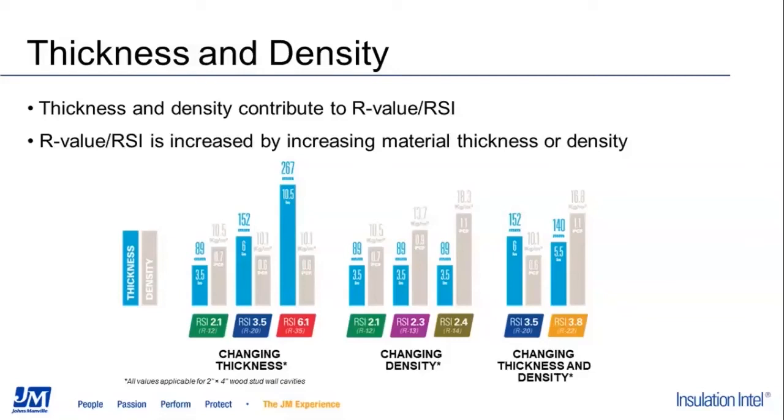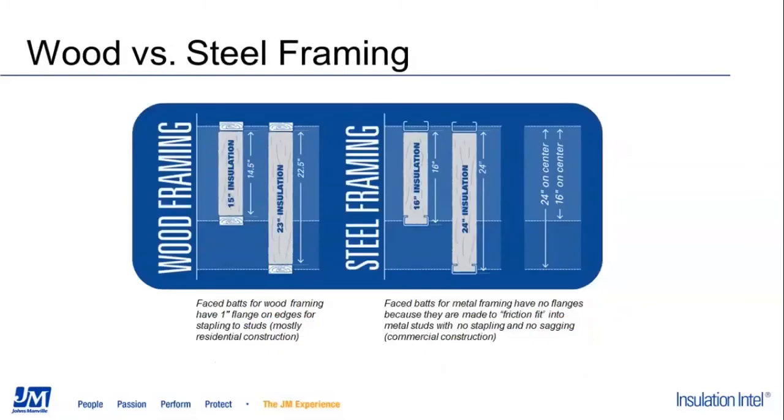All right, so now about the framing. Framing is typically built at 16 inches on center or 24 inches on center for walls, but wood framing and steel framing require different insulation product design widths. This diagram does a pretty good job of showing why. So with wood framing, the wood itself decreases the open cavity area to be filled with insulation.